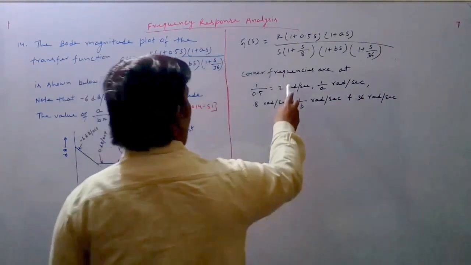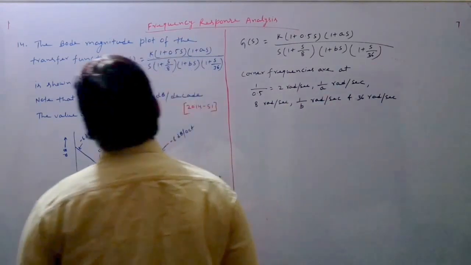So there are 1, 2, 3, 4 and 5 corner frequencies.